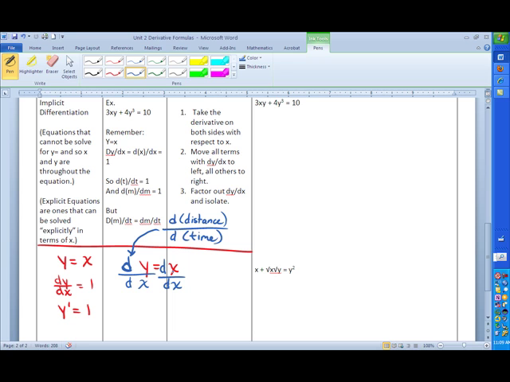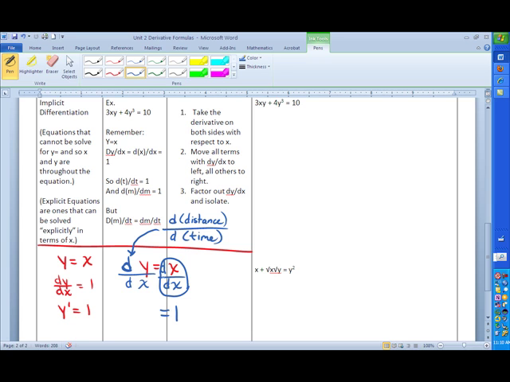It's a one-to-one relationship. dx over dx, anything over itself, is 1. We found that by looking at the slope of y equals x, which was 1.